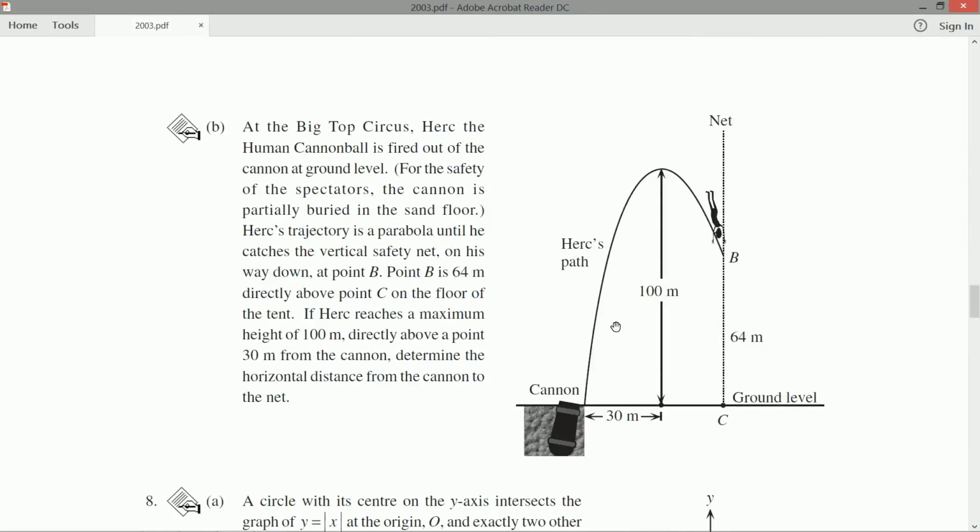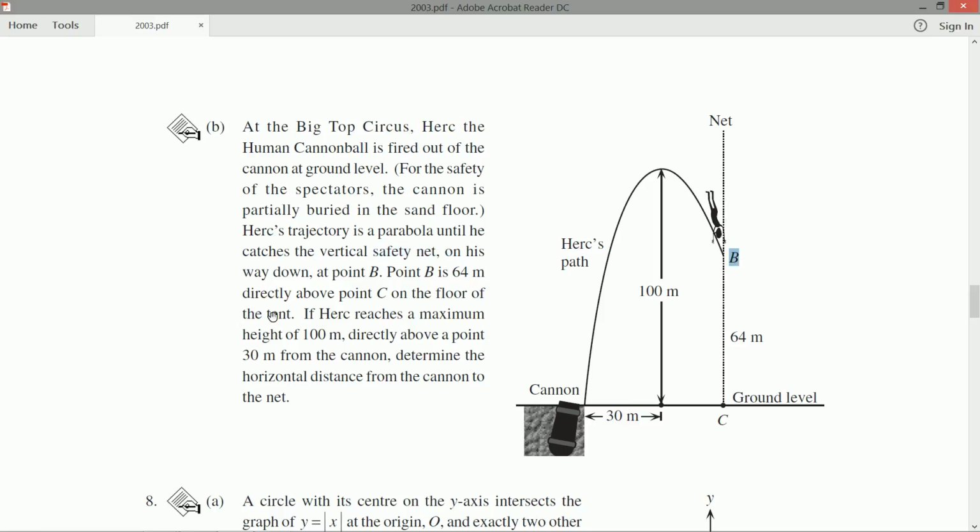Okay. At the big top circus, Herc, the human cannonball, is fired out of the cannon at ground level. For the safety of the spectators, the cannon is partially buried in the sand floor. Okay. Herc's trajectory is a parabola until he catches the vertical safety net on his way down at point B. Okay.